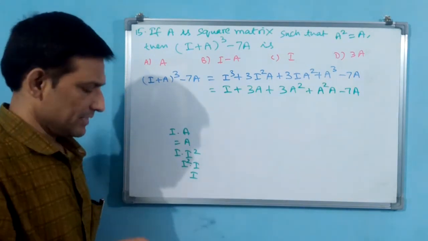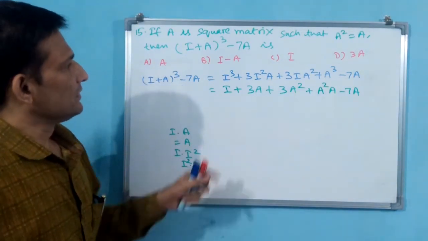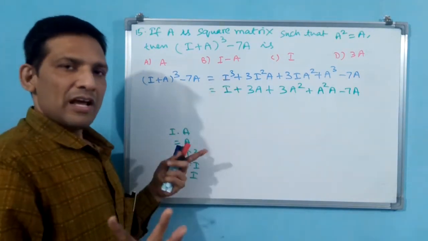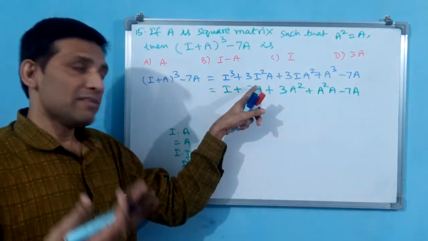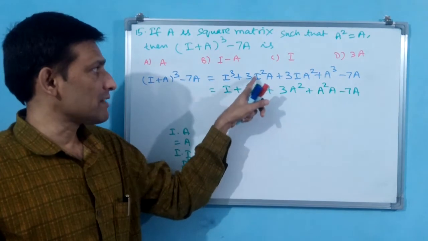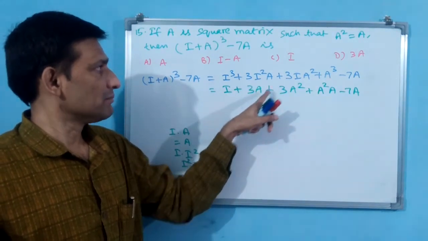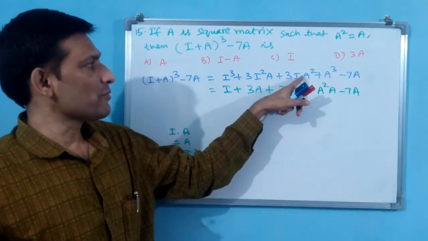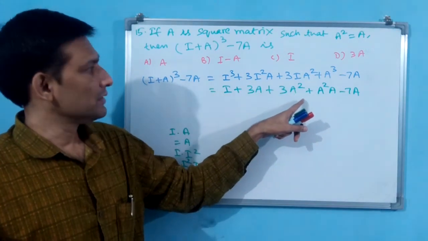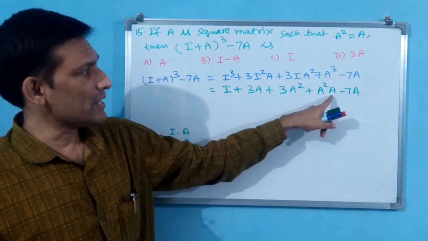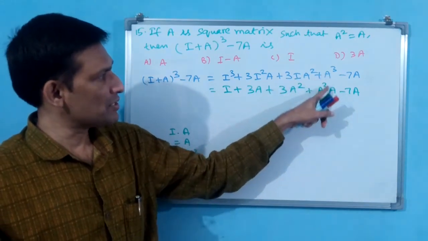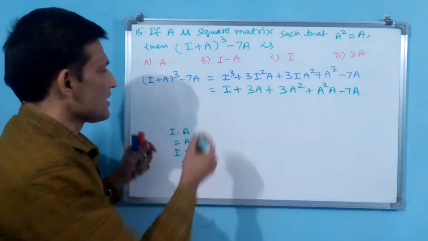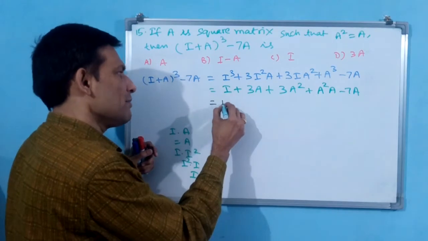I square or I cube, whatever it may be, finally I will come. Here also you remove I and write A square. Here A cube I have written as A square into A. Here one step I removed, here one step I have written. Minus 7A.